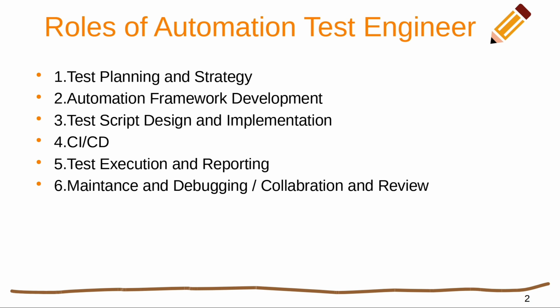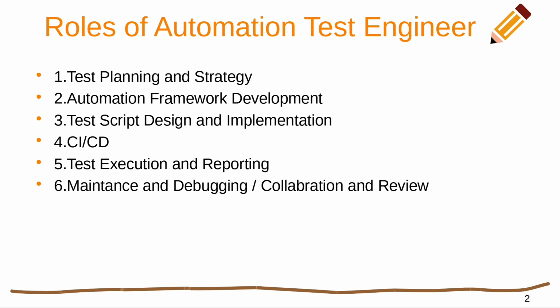So this is maintenance and debugging. While executing, we need to follow all those steps, because maintenance and debugging is an important stage. Once you create your framework, you need to maintain and debug it on a regular basis. Then it will be an active automation for your project. Otherwise, it will be problematic.